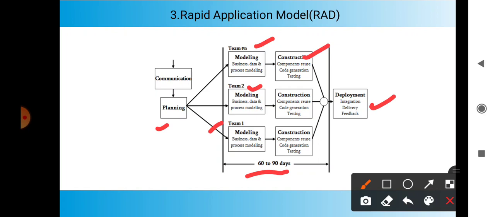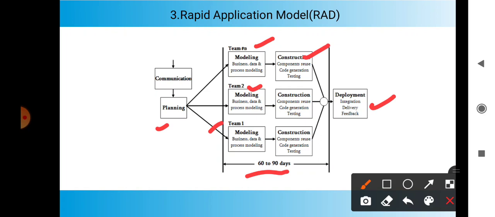First is communication. This step works to understand the business problem and the information characteristics that the software must accommodate. Then the next phase is planning. This is very important as multiple teams work on different systems. Then modeling. Modeling includes major phases like business, data and process modeling, and establishes a design representation that serves as a basis for RAD construction activities.